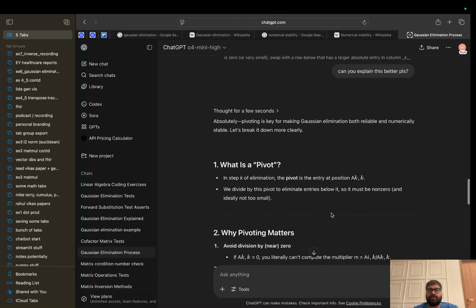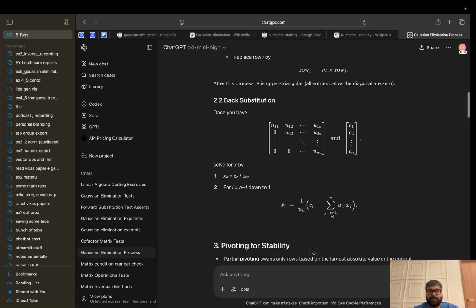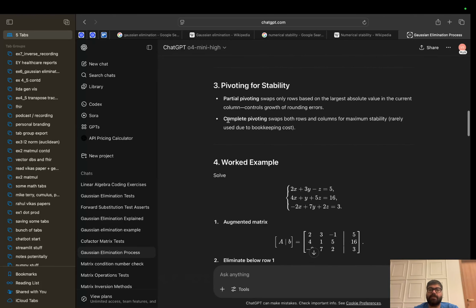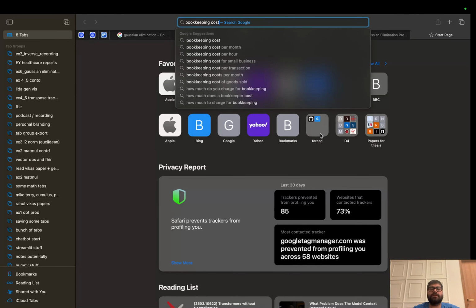I believe complete pivoting swaps both rows and columns for maximum stability, and that's rarely used due to bookkeeping cost, which I'm actually not sure what they mean by bookkeeping cost exactly here. Just from context, I'm presuming it just gets hairy to manage during the calculation, both algorithmically and otherwise.